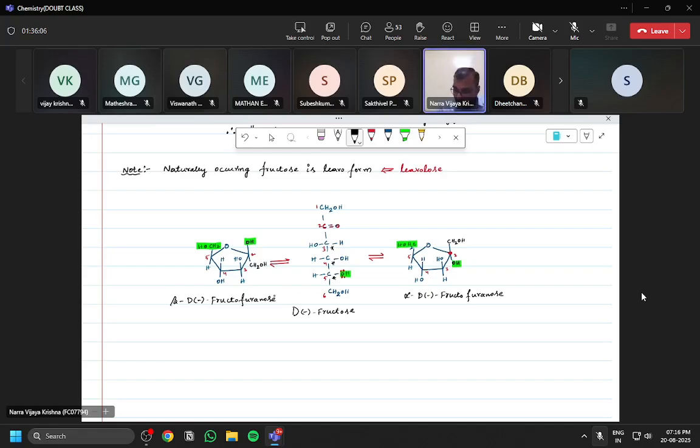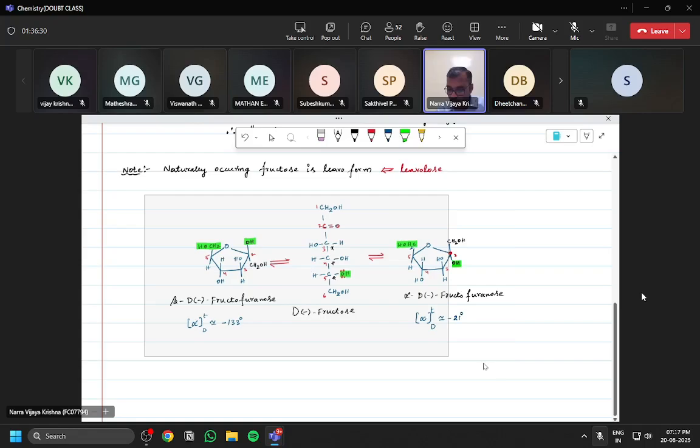It has an optical rotation alpha D at T degrees centigrade. This is approximately equal to minus 21 degrees. This is approximately equal to minus 133 degree. So net rotation will be negative only because both forms are negative.